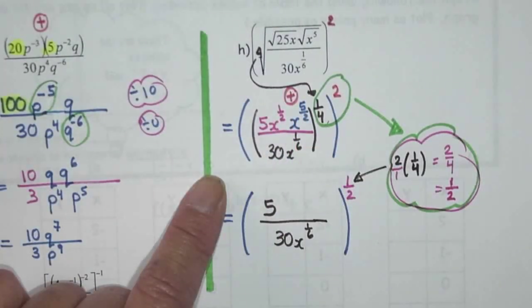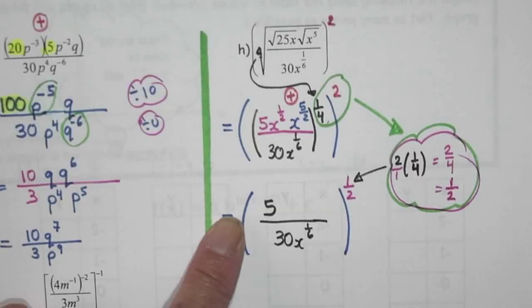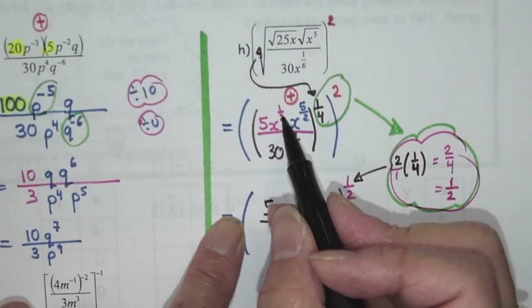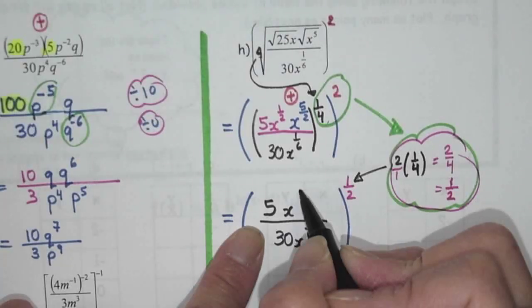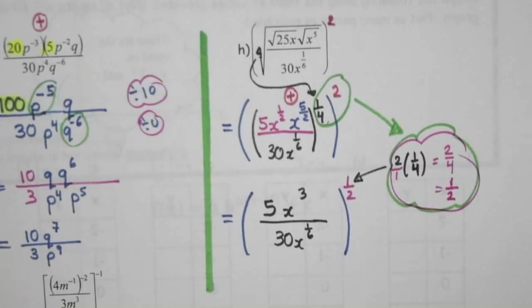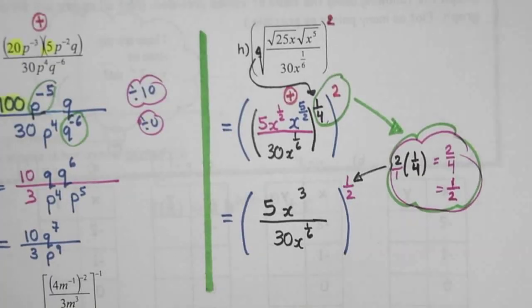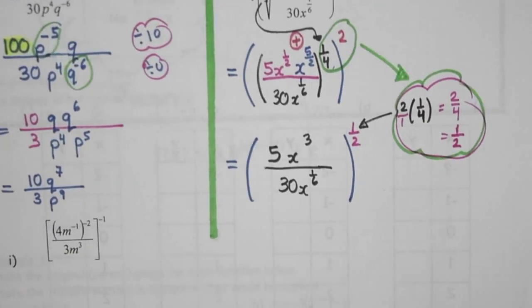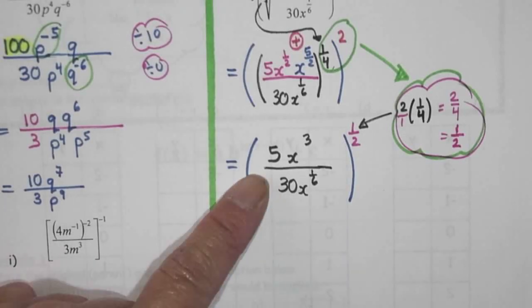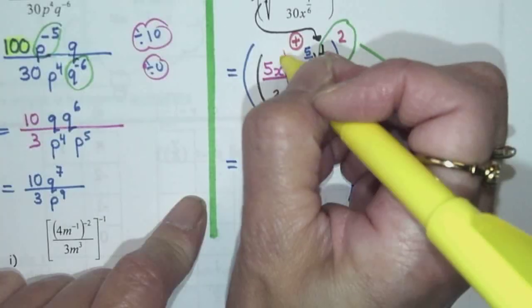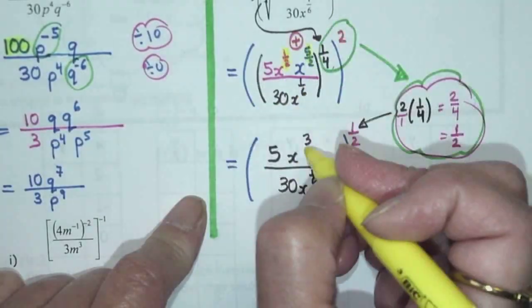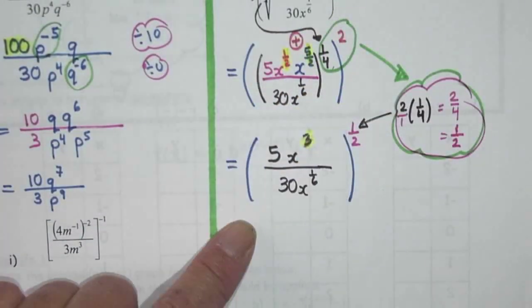X to the 1/2 and 5 over 2 is 6 over 2, which is 3. Great. So I added those together. This one plus this one became the 3.